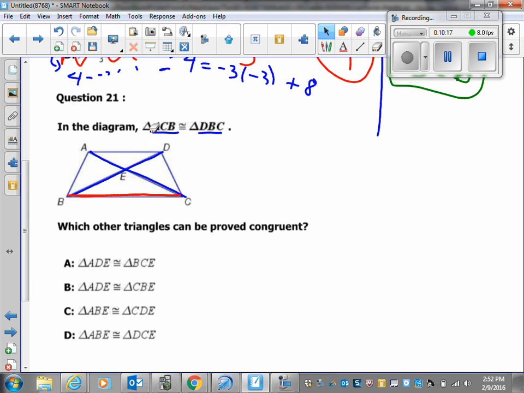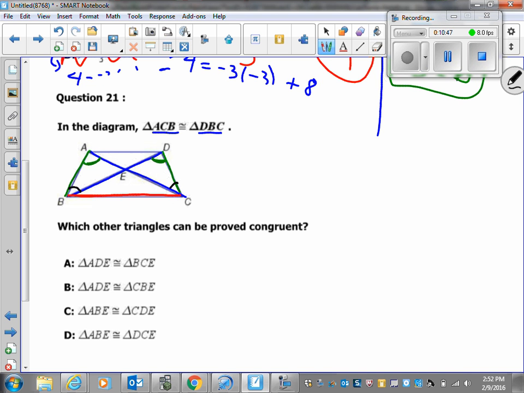And AB, I should use a different code, AB is going to be congruent to DB. I also know that this angle here and this angle are going to be congruent to each other, and this angle here is going to be congruent to this one. And of course the vertical angle we have.